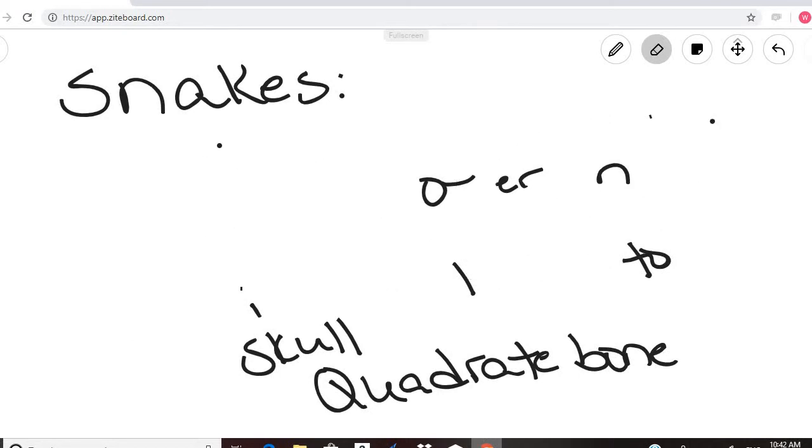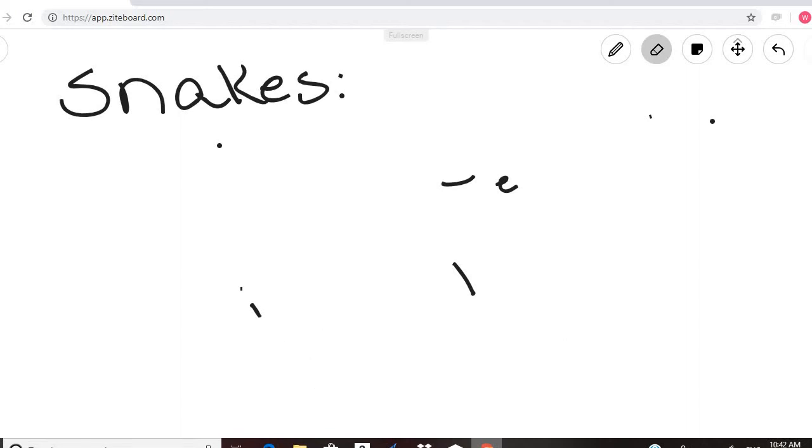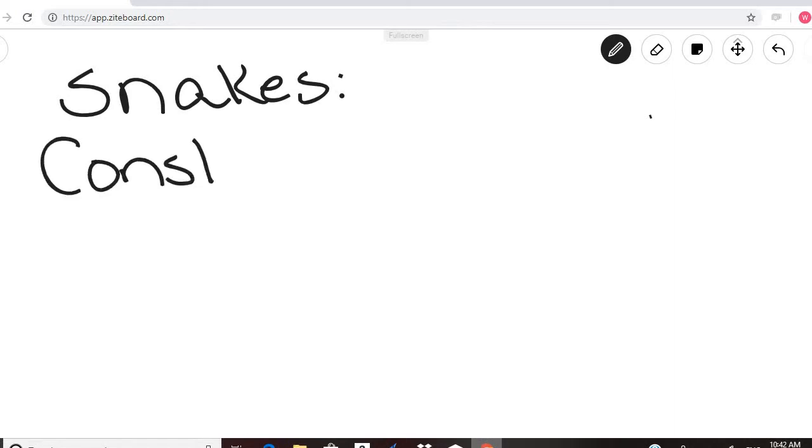As you are aware, there are some types of snakes that are venomous, and in terms of venomous snakes, well, actually, let me back up here. Some snakes are constrictors. The way that they capture their prey is by constricting them.